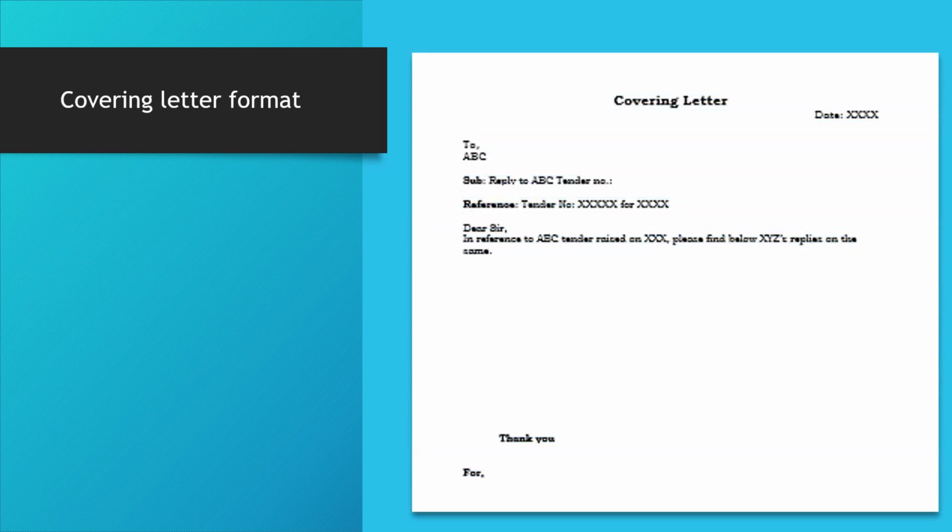Have a look at the covering letter format. So this is the covering letter format that I usually use, with the date, the to, the subject, the reference details like the tender number, the tender description, and I mention all the key points that I would have to sell my company to be eligible and stand out in the tender.